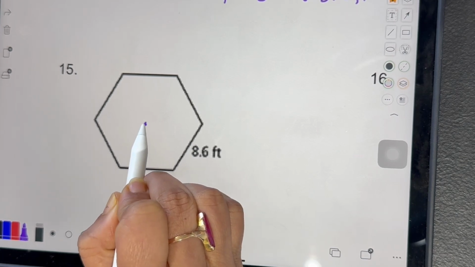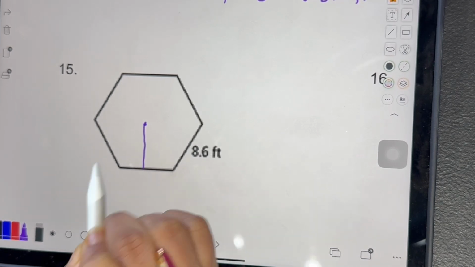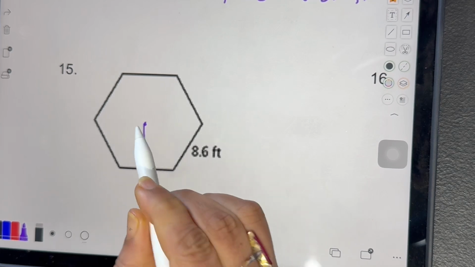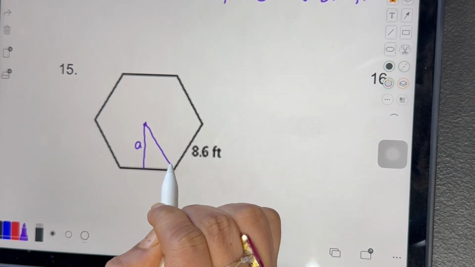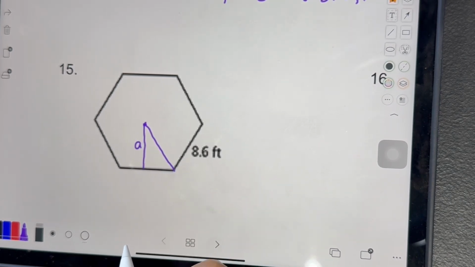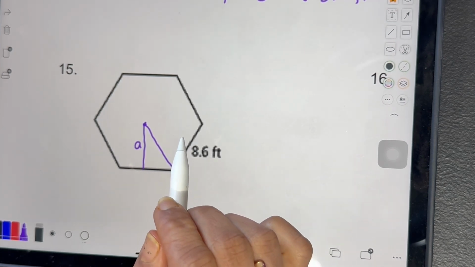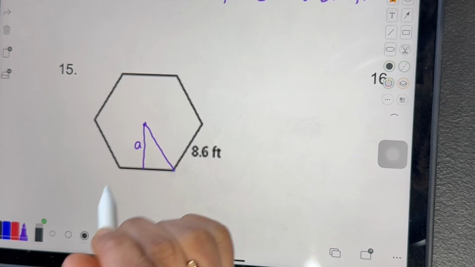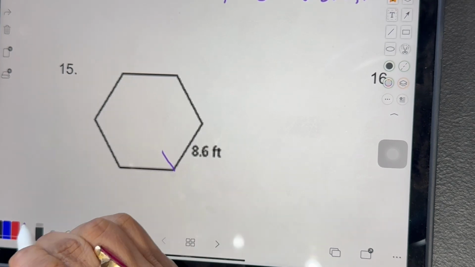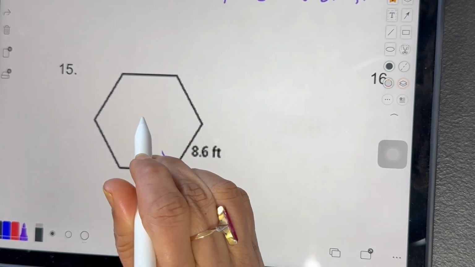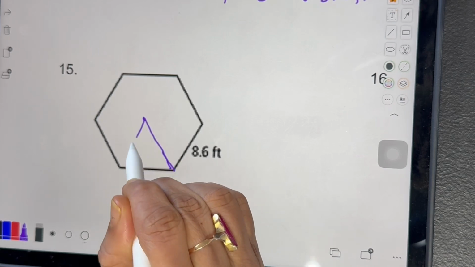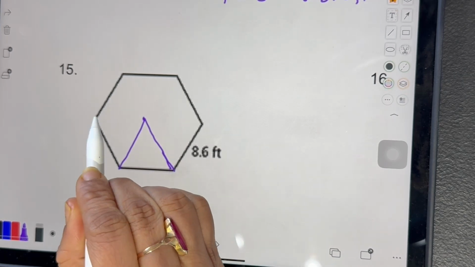This is the center. This one will be my apothem, a, and I'm just drawing a radius. This is the first time you're doing this, so observe carefully what I am saying. For now I'm erasing this apothem. From the center I'm making triangles.